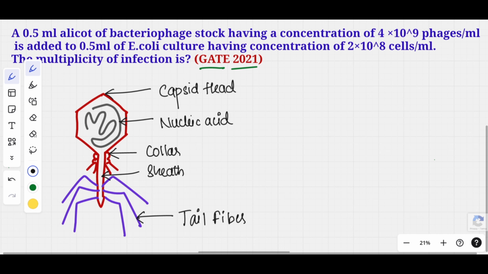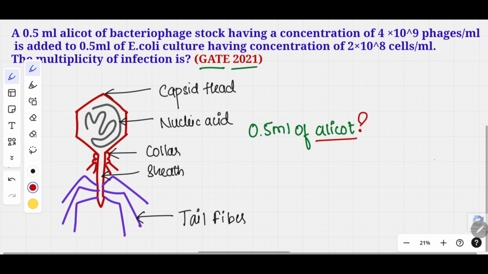So this bacteriophage is taken from a huge stock. They are saying 0.5 ml of an aliquot. Now, does anybody know what an aliquot is?